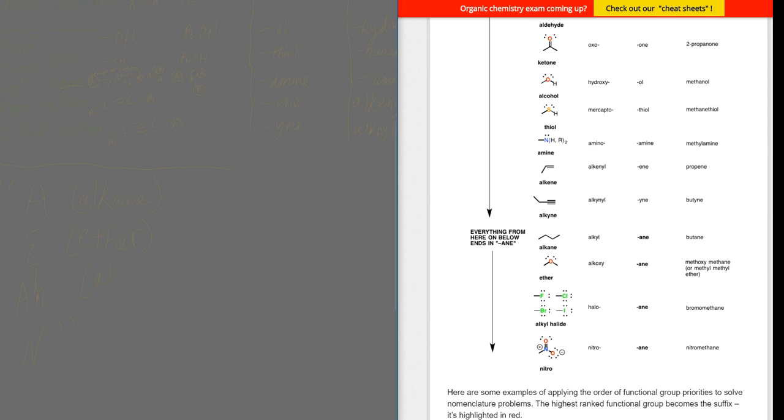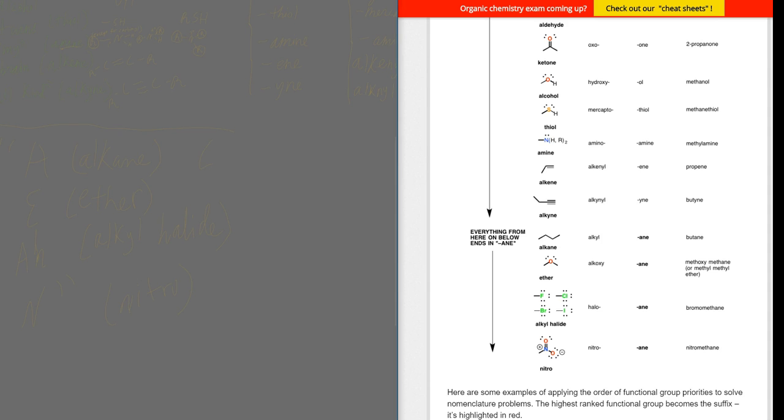So this is alkyl. It makes more sense if we just draw it out. Alkyl halide. It's just nitro. Nitro, okay.